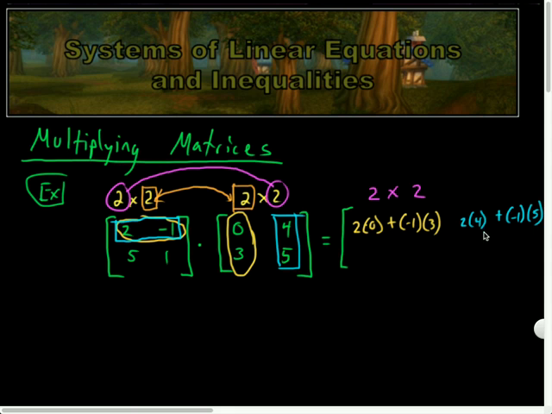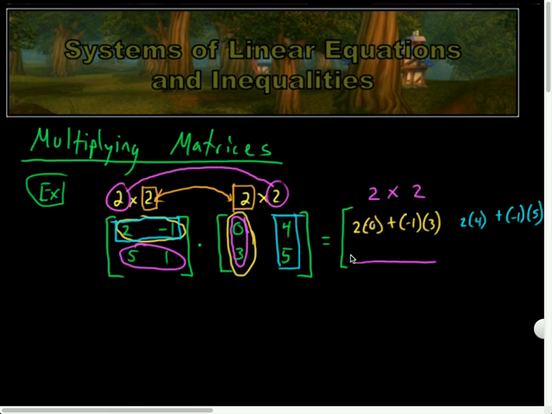A little bit weird, like I said, but it's working. Next, to find my second row, first column, what do you think I'm going to multiply? Second row and first column, exactly, yep.